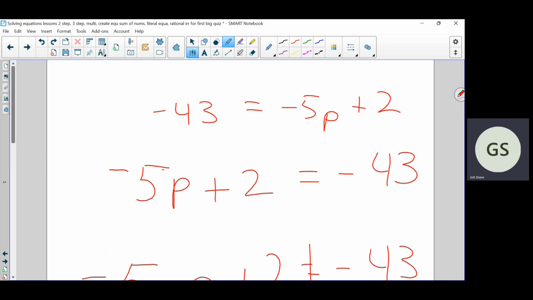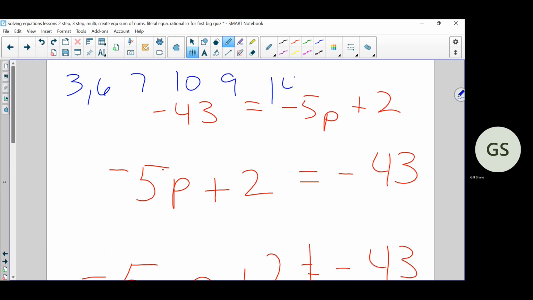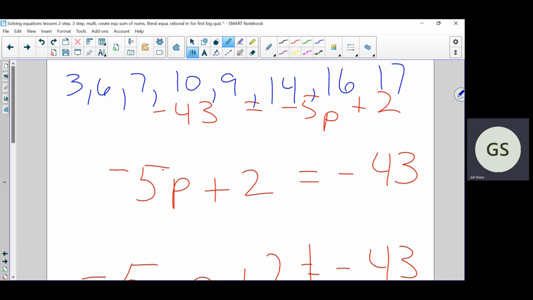Somebody read them out again, and I'll write them. The ones in blue. I probably can't erase the red without erasing some of the blue, so just the ones in blue.